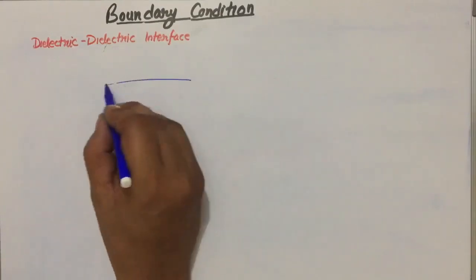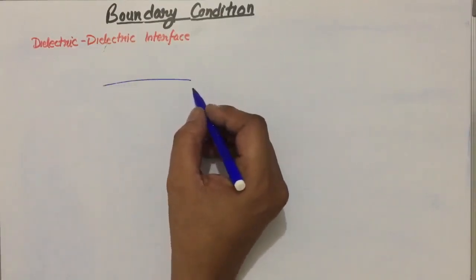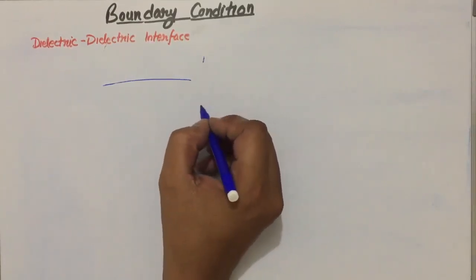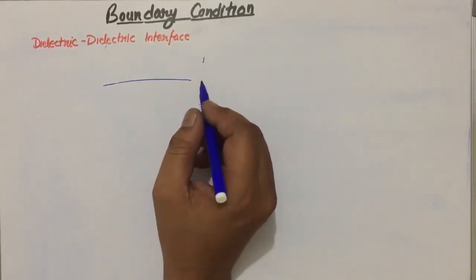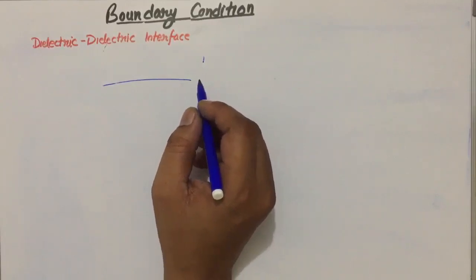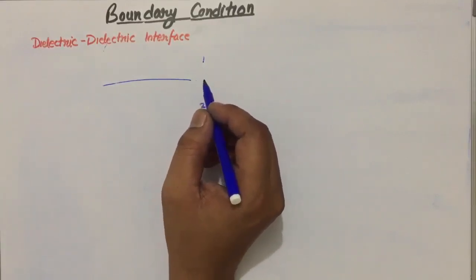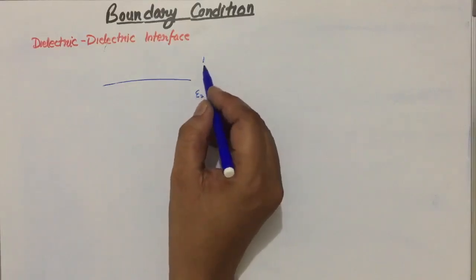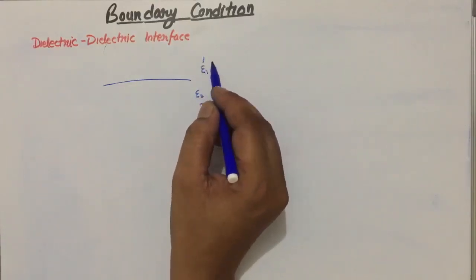Let us start by having two dielectric materials, material 1 and material 2. Every material is defined with the help of its permittivity, so its permittivity can be epsilon 2, and epsilon 1.